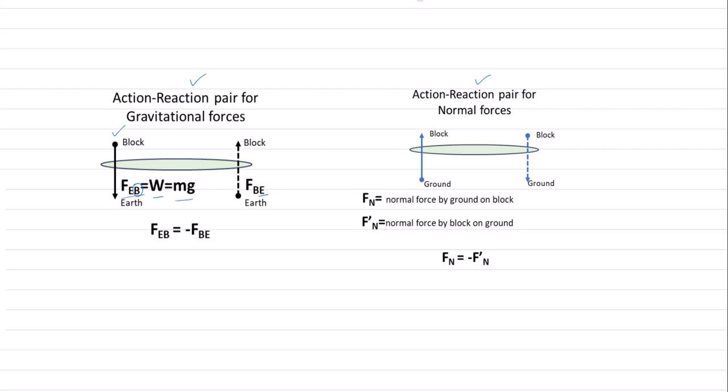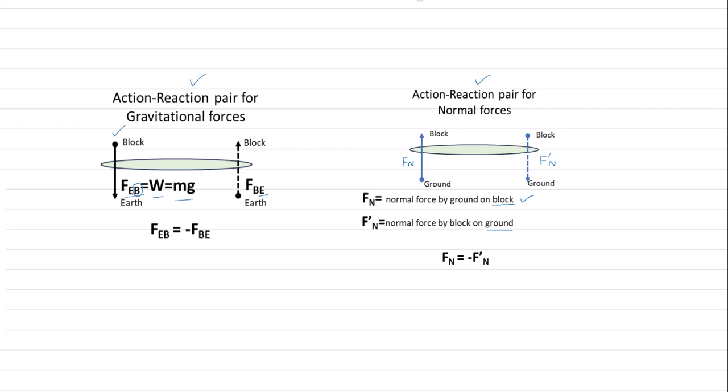Now let's move to the other pair, the normal force. Look for the forces which are acting on the block. This is a force acting on the block, and therefore I need to consider it. And how about the other one? F dash N is a force acting on the ground, so I can ignore it.